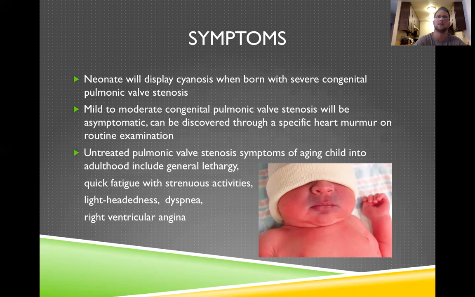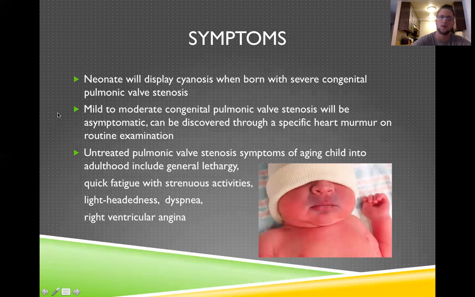And then, as the valve becomes more stenotic, the heart murmur will become more prevalent, and that's when they'll start looking into it more. But let's say it's very mild at first, it could be years before they even realize that they have a stenotic valve, because typically infants and small children will not be showing any symptoms, be active, and act like everything's okay.